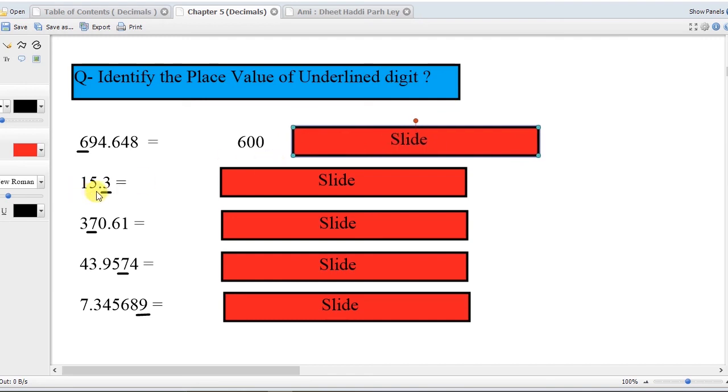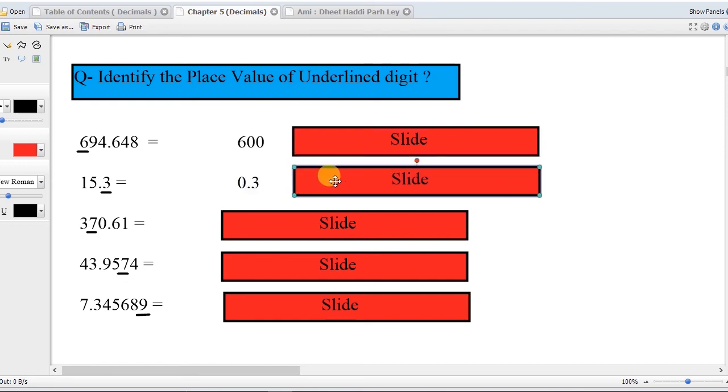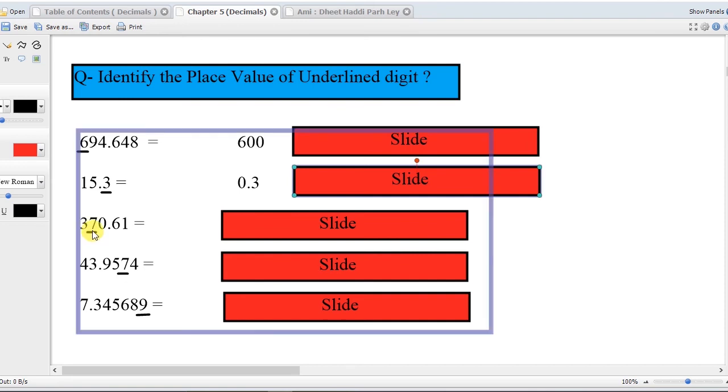The place value of this digit 3, since this is after the decimal point, always starts with the tenth, right? So the place value of this number is tenth, or simply 0.3. Then the place value of this digit 7 is tens.